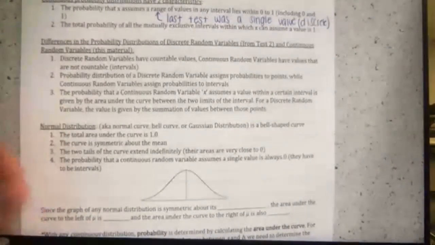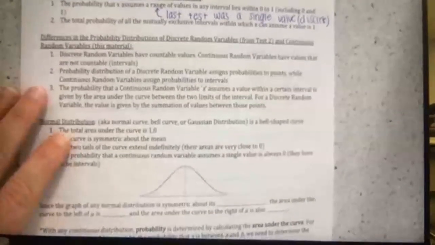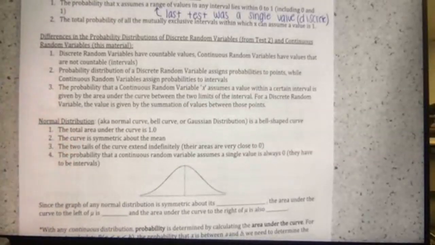Same thing, probabilities between 0 and 1, so nothing's different there. And the total probability of all mutually exclusive intervals within which X can assume value is 1. So if you add up all the probabilities, our probability is going to be 1 because that includes everything. So the same characteristics, just relating it to intervals this time. Notice it says mutually exclusive.